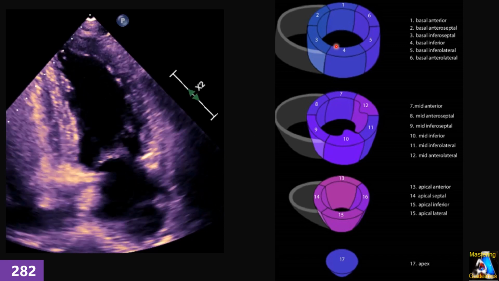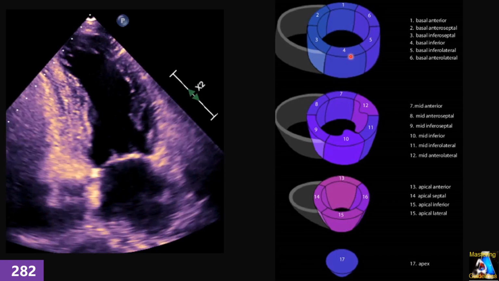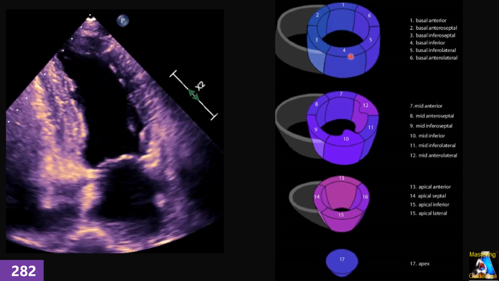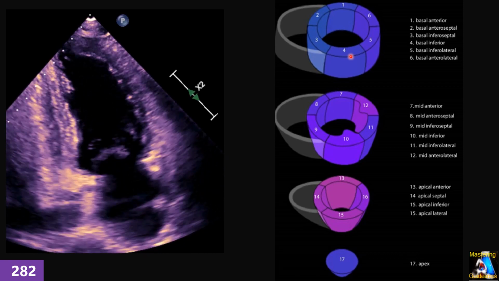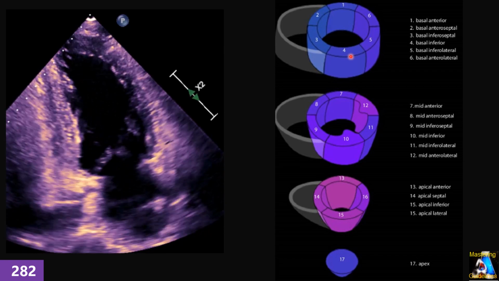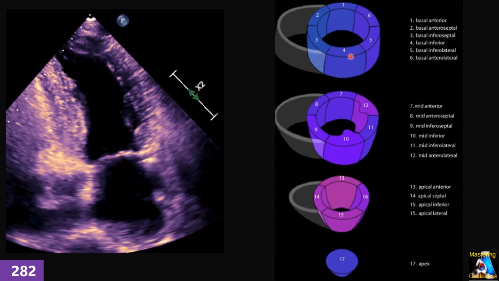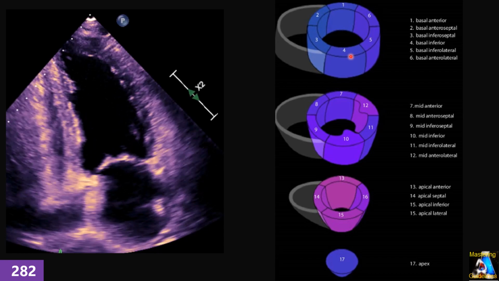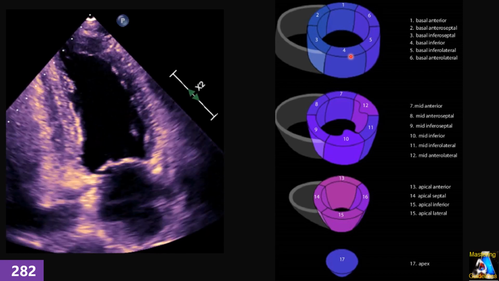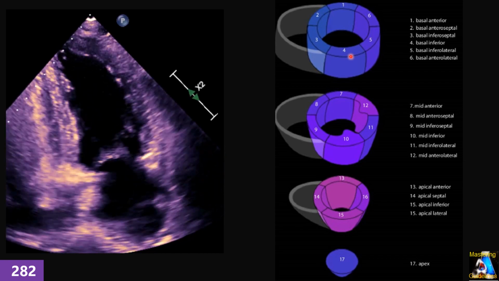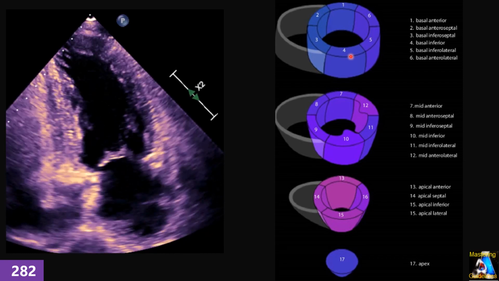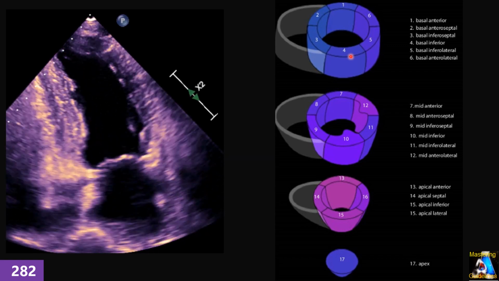Based on that, this feature can create falsely abnormal wall motion, and differentiating between normal and abnormal wall motion at that segment is in many cases challenging, and we have to know how we can evaluate that wall, especially the basal inferior.